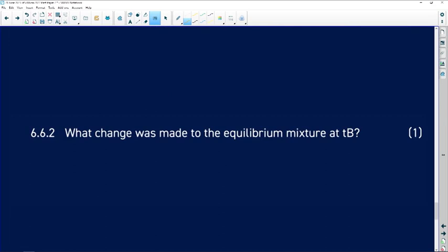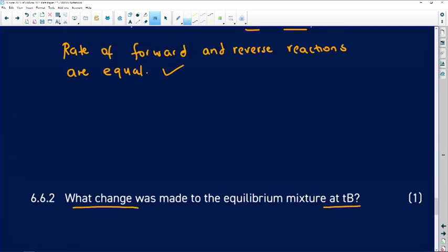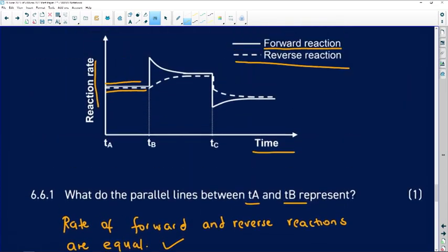6.2 says what change was made to the equilibrium mixture at B. Let us look at B now. We can see a sudden increase at B. Once you see a sudden increase, it means that concentration was affected there. You can use the example of water and orange juice. Immediately you pour water into the orange juice, it changes color, so you see the change immediately.